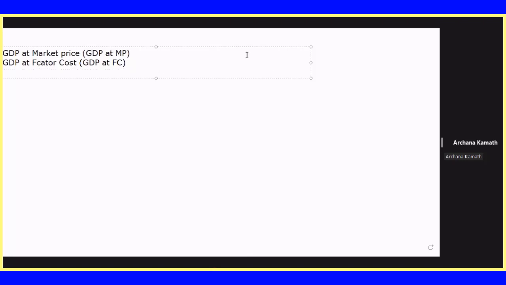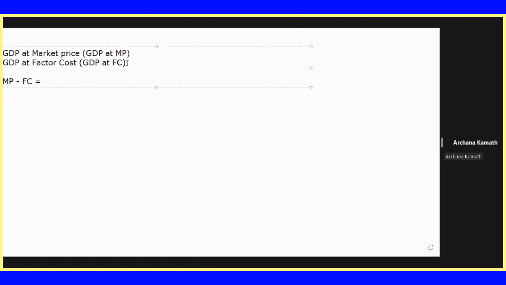Okay. Now, what are market price and factor cost? When you are producing goods and services, the value of the commodity when it reaches the market is included under the market price.